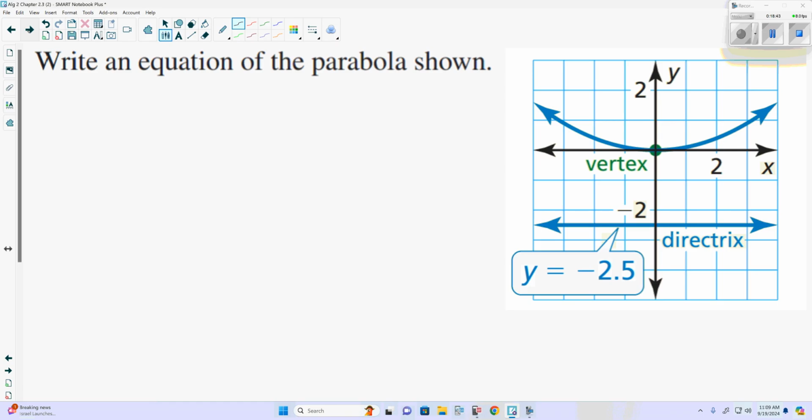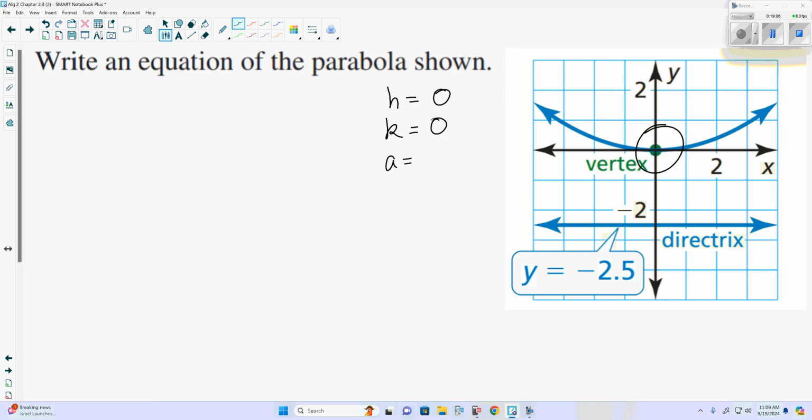So they told us the directrix this time, y is equal to negative 0.25. Well, they gave us h and k already. 0 and 0.